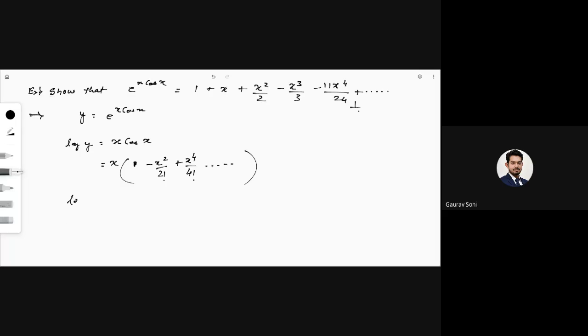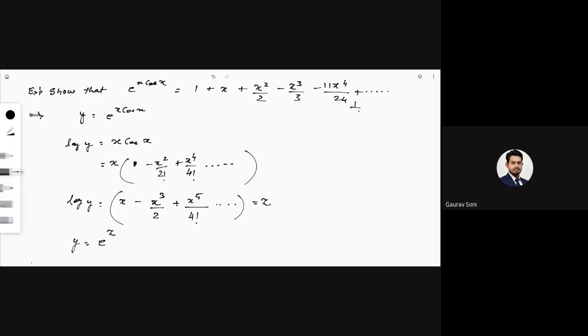So what we have is log y is equal to x minus x cube by 2 plus x raised to 5 divided by 4 factorial, and so on. So if I call this whole term as say z, then y is equal to e to the power z.